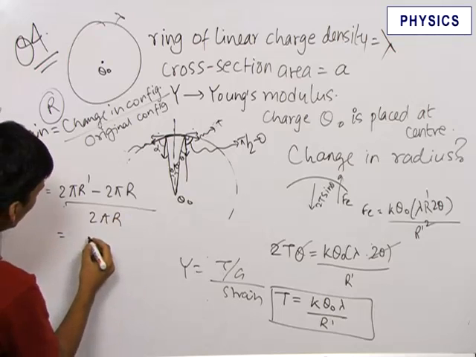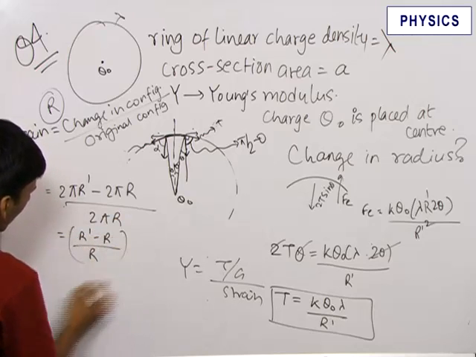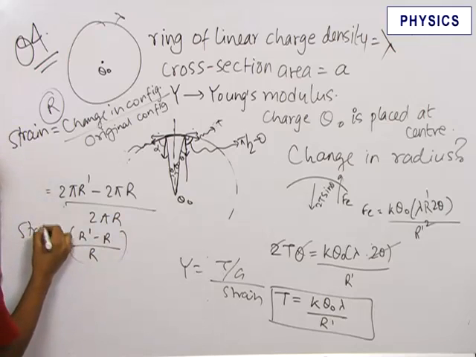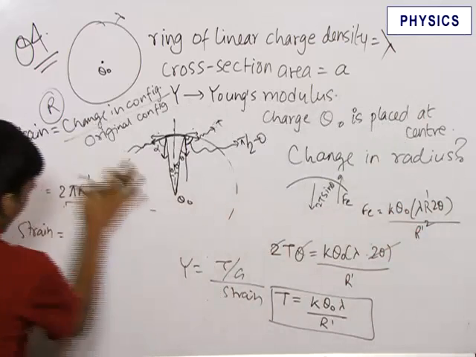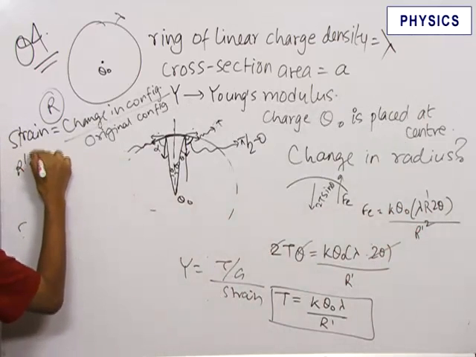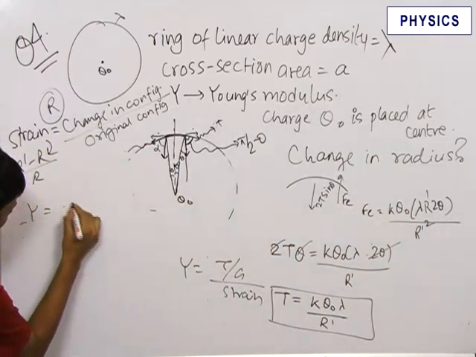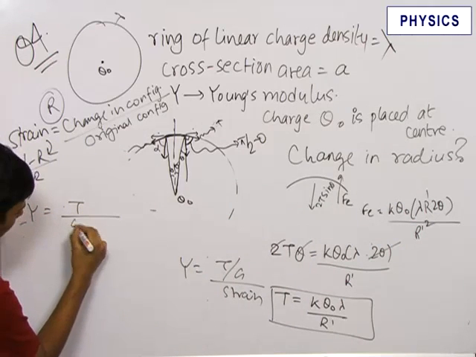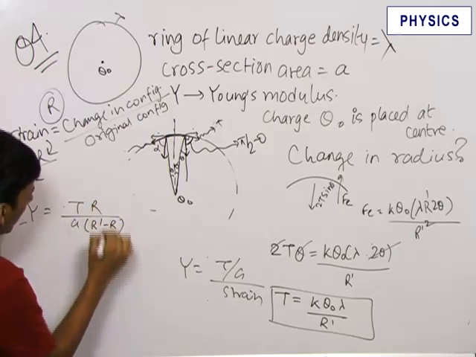Therefore this is equal to r dash minus r upon r. This comes out to be the strain. We substitute this value over here: r dash minus r upon r was the strain. Y is equal to T upon A into r dash minus r upon r.